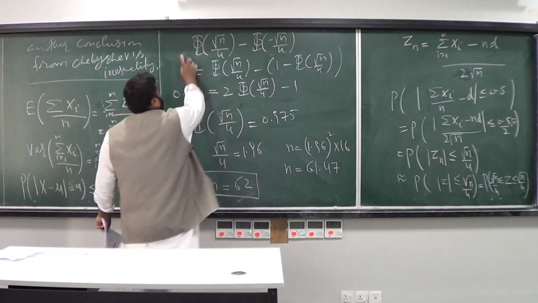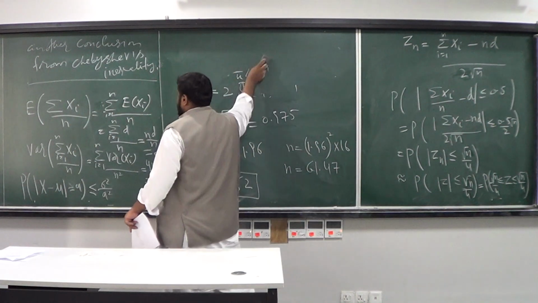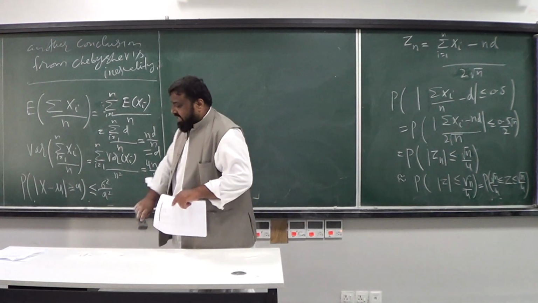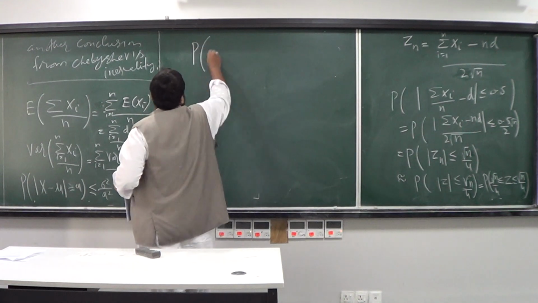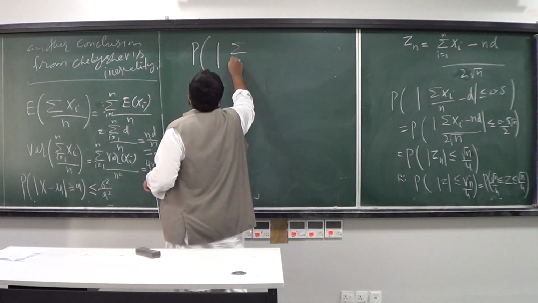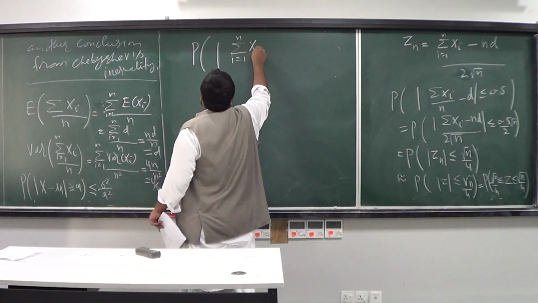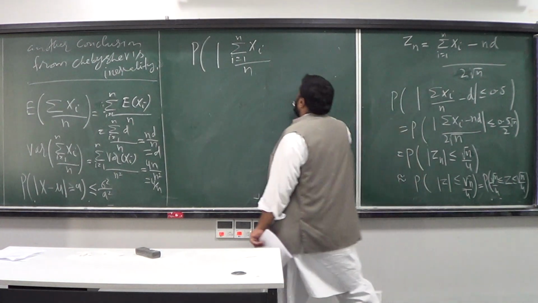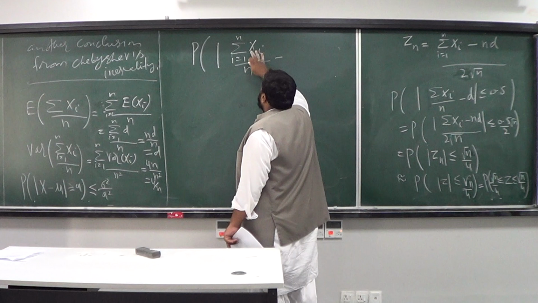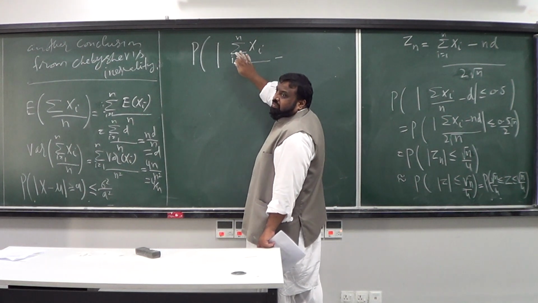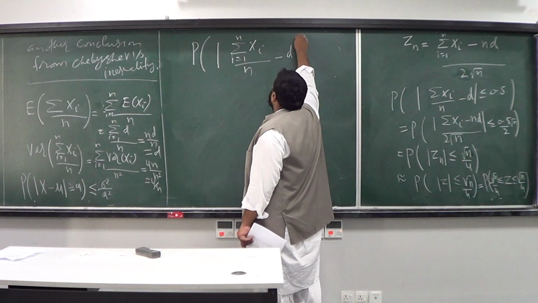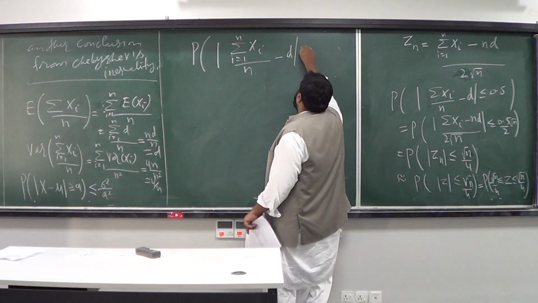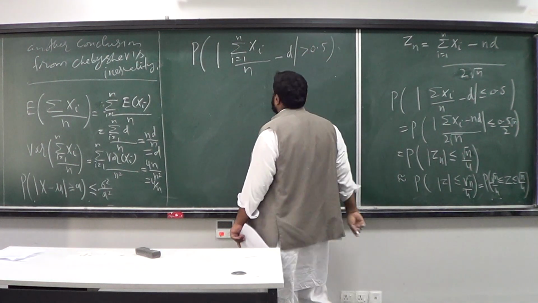So now, if I take this observation, what is the probability that the average distance from the astronomer's observations is going to differ from the actual distance between a star and planet by more than 0.5 light years?